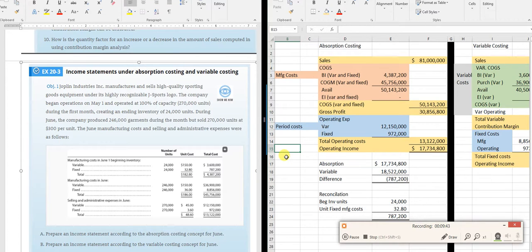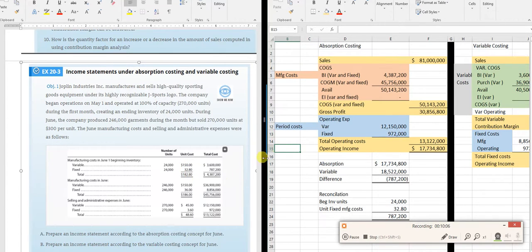So notice that I have beginning inventory, and they're just giving the units and the cost. A lot of times you'll be given this number and this, and then you can back into the unit cost. Okay, so 3,600,000 divided by 24,000 units should be $1.50 a unit.